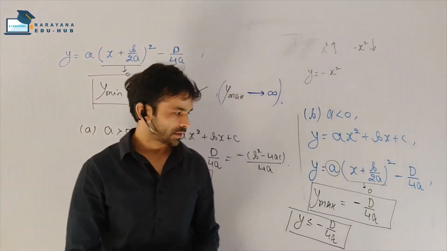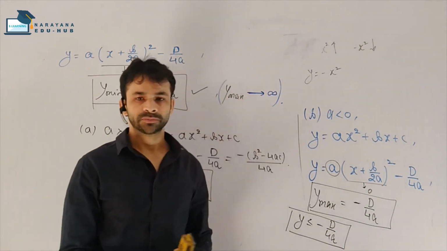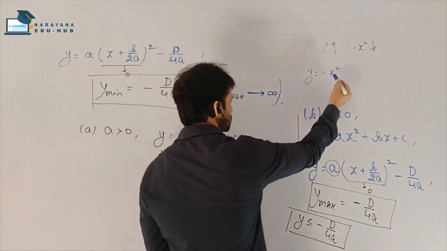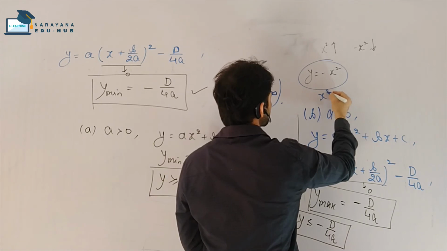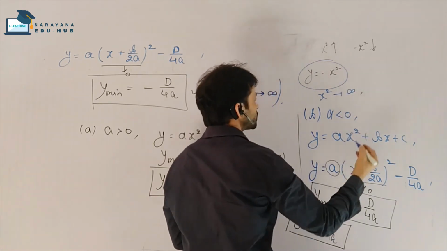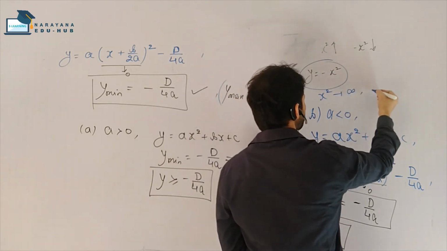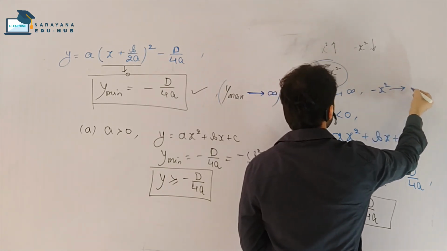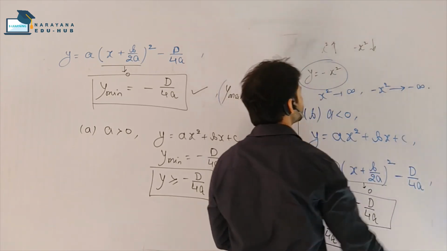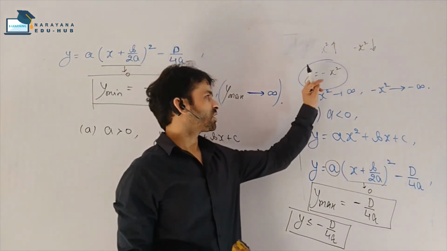And here the minimum value, you can check through this. The maximum value of x square is what? Infinite. So when I put x infinite, minus x square will tend to what? Minus infinity, meaning y will become minimum.